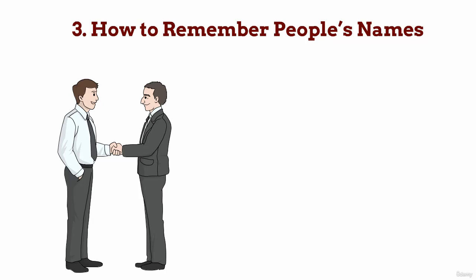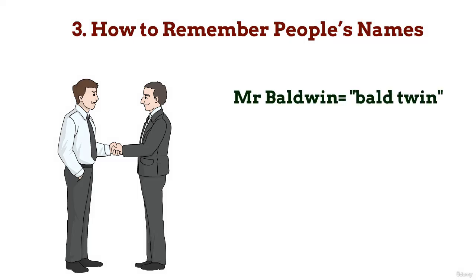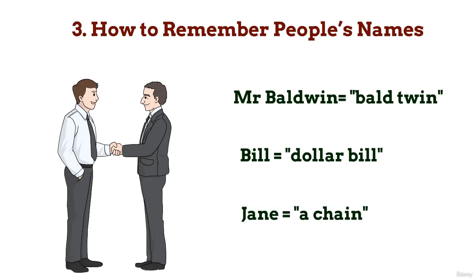If you meet a person whose name has no meaning for you, the sound-alike method is perfect to memorize the name by breaking it down into a substitute word or idea. For example, if you meet Mr. Baldwin, you might think of a bald twin. In the same way, Bill could become a dollar bill, and Jane might become a chain. Just use the associations that come into your brain naturally. These are the ones your memory will find easiest to recall.